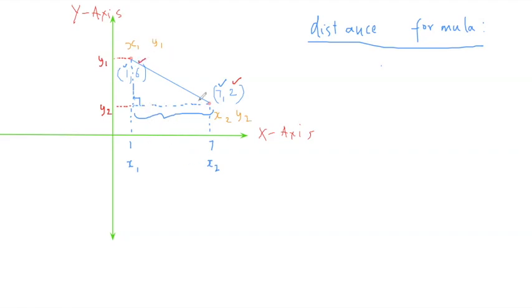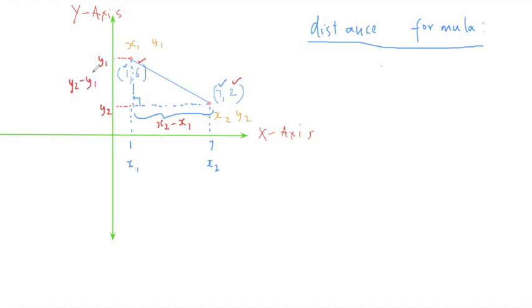And so the horizontal length of this right angle triangle will be x2 take away x1, or x2 difference x1 anyway. And this would be y2 take away y1, or y1 take away y2. But the difference between them, just for convenience, we take as y2 take away y1.